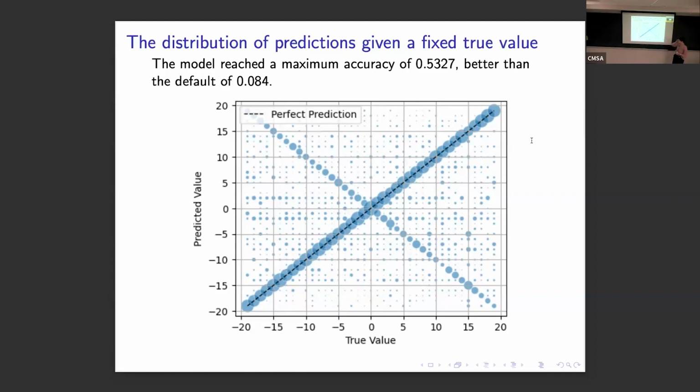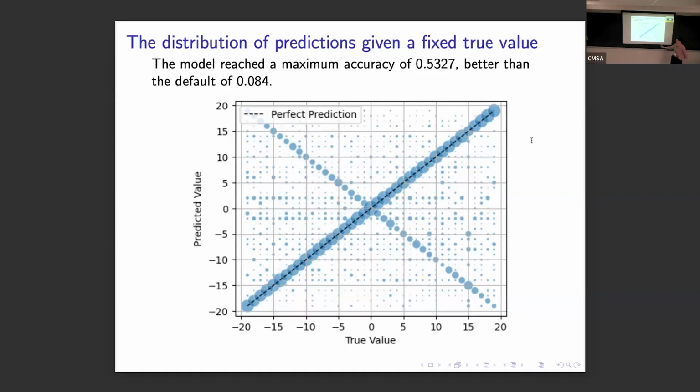Now, the way to read this is you want to read it in vertical lines, because this is a bit normalized, all right? It's just that I think for plus and minus 2, there were way more values than, say, plus and minus 19. And then it was harder to read because some of the circles would have been way larger.